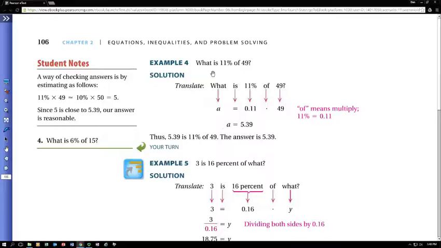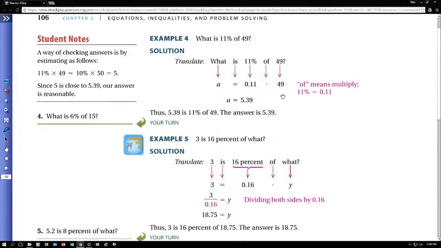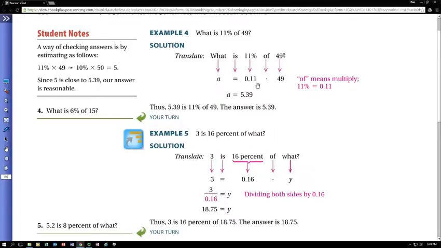A equals 11% times 49. Well, I can't multiply by percents, so I have to convert this percent into a number. Well, what does percent mean? It means hundredths, so I'd say A equals 11 hundredths times 49. Done. I do my multiplication after I translate this into a true equation, which is numbers, operations, equals, and variables.